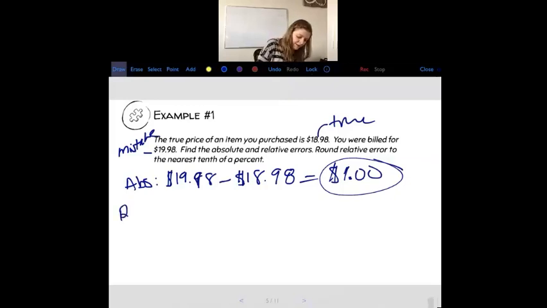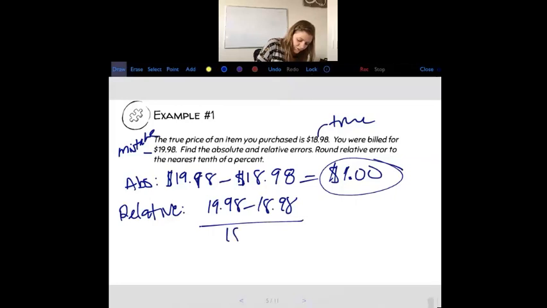When we talk about relative error, it would be $19.98 minus $18.98 divided by the true value. And again, in the calculator, I'm going to write a bunch of places because we want to make sure that we're rounding this correctly. 1998 minus 1898 divided by 1898.